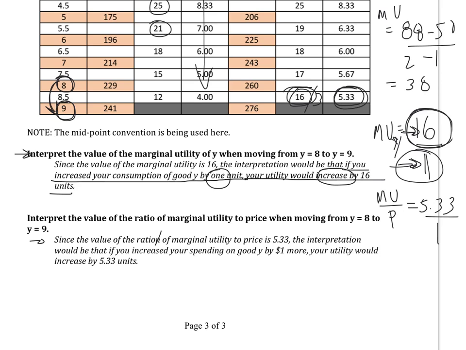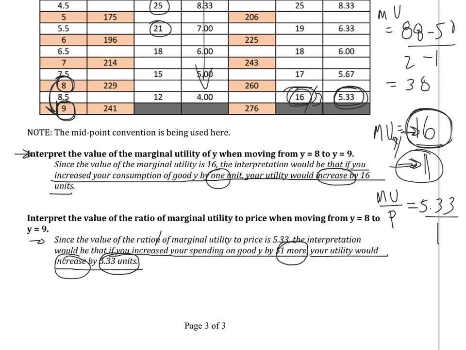The interpretation would be that if you increase your spending on good Y by $1 more, so we're getting back to that marginal idea of doing one more of something, your utility would increase by 5.33 units. So doing one more, how does something change?